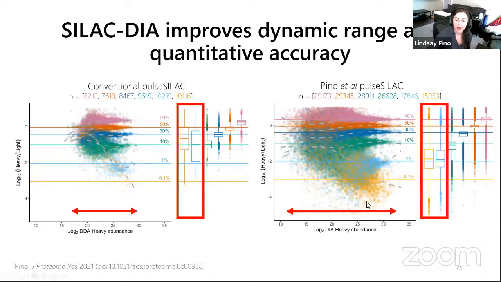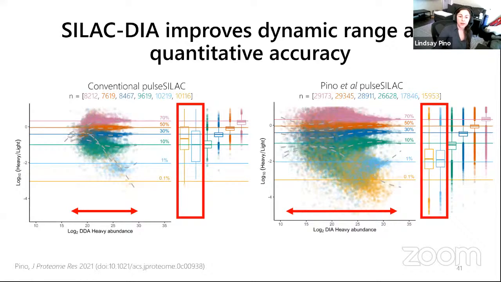So we get a wider dynamic range in measured abundances, but we also gain an order of magnitude in quantitative accuracy. So this light blue box has now jumped down more closely to the expected 1% ratio than if we compare the conventional pulseSILAC samples.